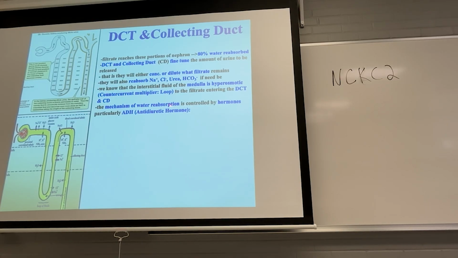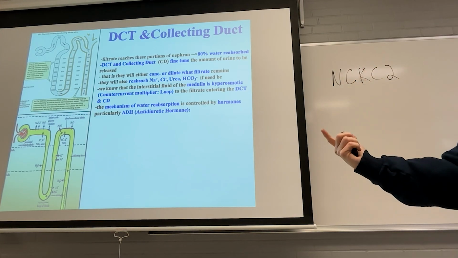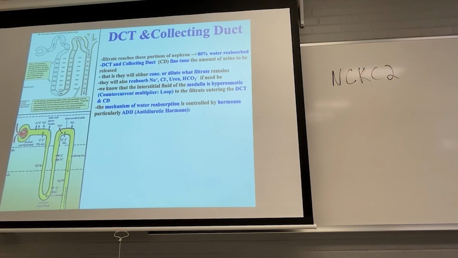The main hormone here is ADH, and this is why we're not doing lab today, because I wanted to do this mechanism first before we inject frogs so you kind of understand how ADH works. ADH stands for anti-diuretic hormone. So remember, I just told you that diuretic means to produce more urine. So anti-diuretic means what? To produce less urine, right?